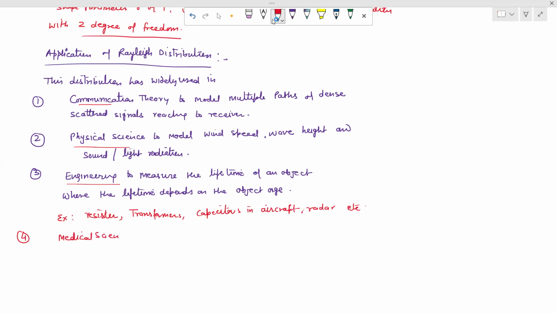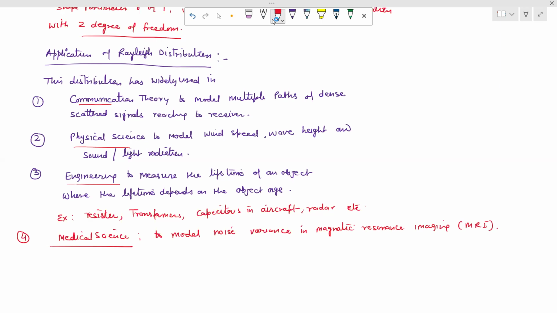In medical science, it is used to model noise variance in magnetic resonance imaging, that is MRI.